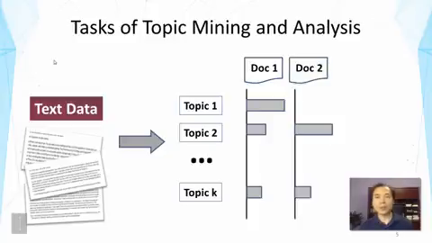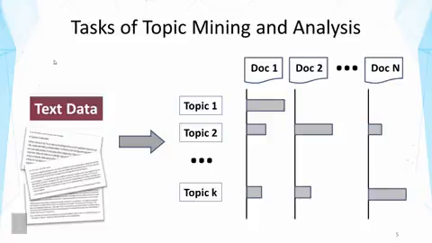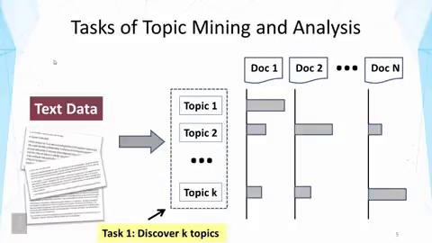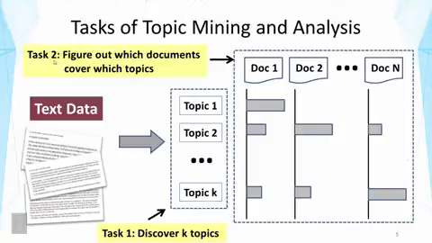Document 2, on the other hand, covered topic 2 very well, but it did not cover topic 1 at all. And it also covers topic K to some extent, etc. Right? So now you can see there are generally 2 different tasks or subtasks. The first is to discover K topics from a collection of text data. What are these K topics or K major topics in the text data? The second task is to figure out which documents cover which topics to what extent.